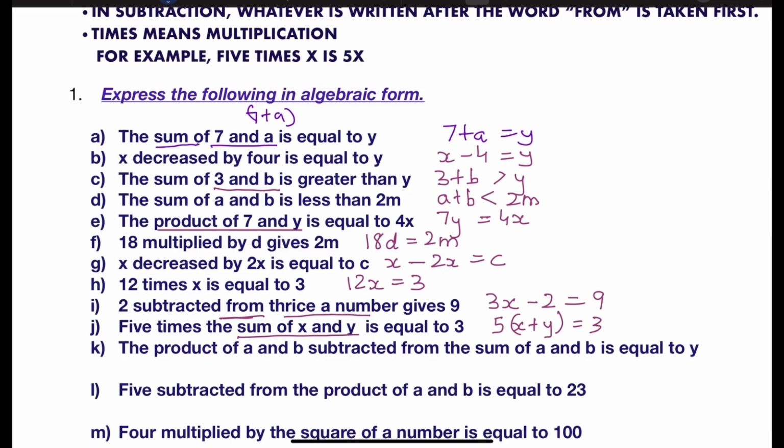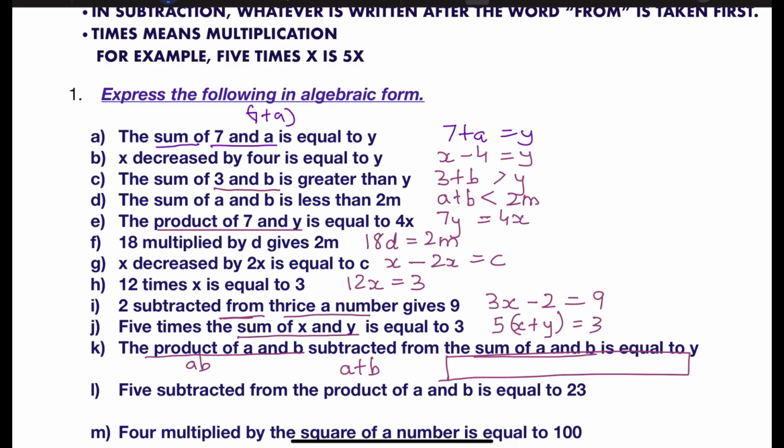K. The product of a and b subtracted from the sum of a and b is equal to y. Firstly, what is the sum of a and b? a plus b. What is the product of a and b? ab. Now let us frame it. The product of a and b subtracted from, so what is going to come first, guys?